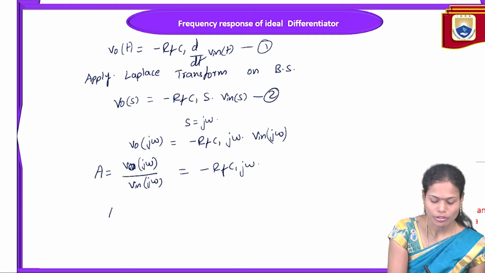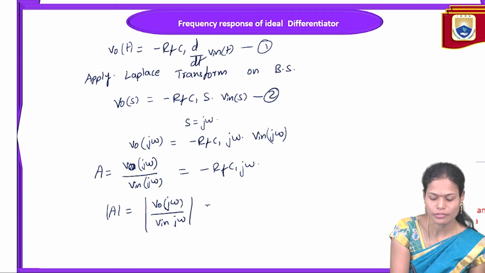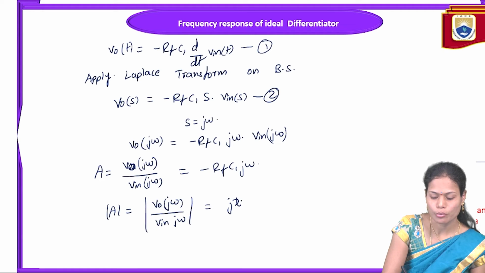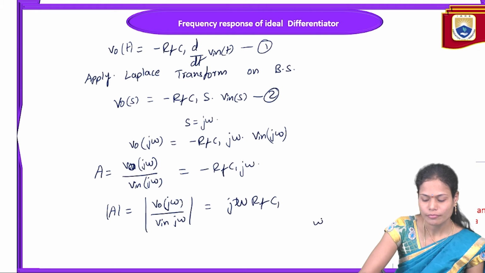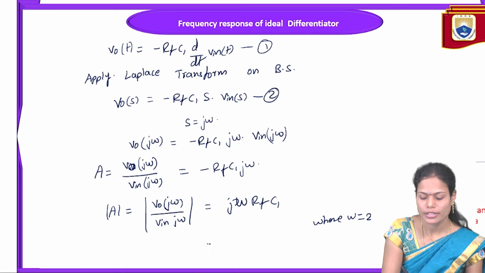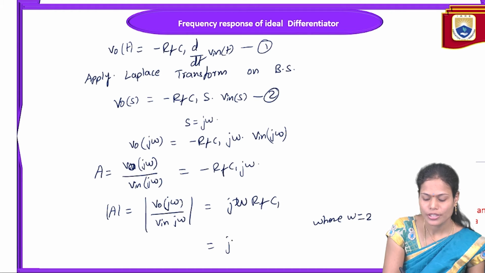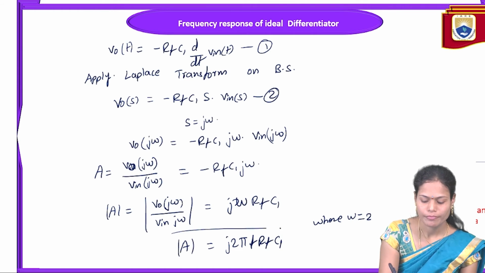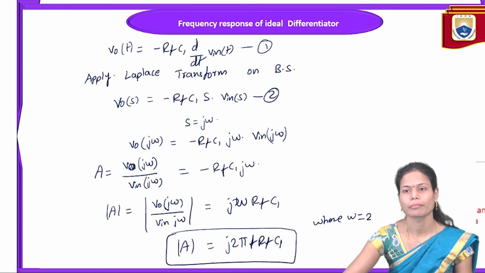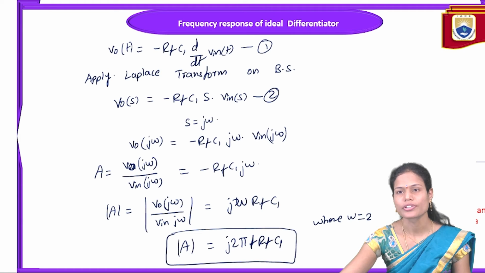So the magnitude of this gain, A equal to the magnitude of V naught of J omega by V in of J omega, we will get as omega RF C1 value, where omega is equal to 2 pi f here. So I can write it as 2 pi f RF C1 is the magnitude of this ideal differentiator circuit.